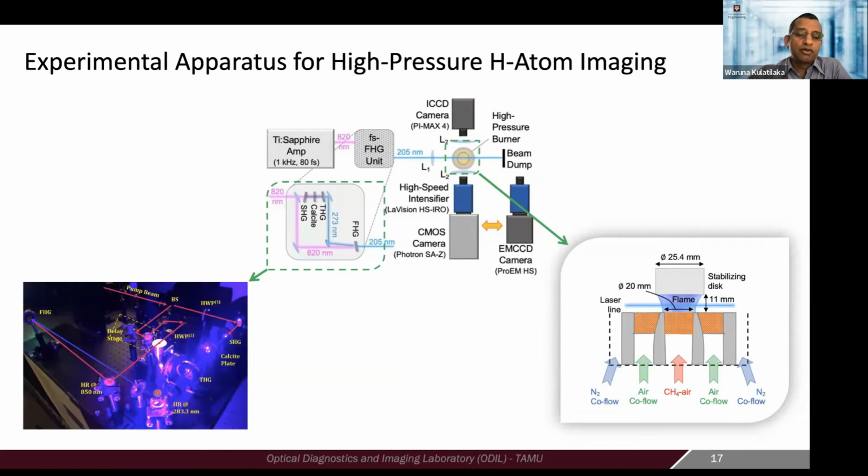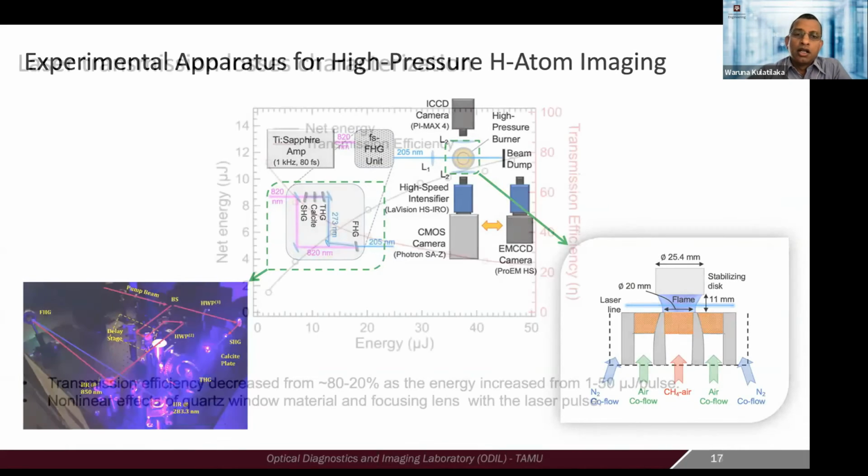You can see the blue color from 410 nanometers, and then the UV comes out from this side of the system, and we send it through this particular premix burner with a stabilizing core flow around it, so we can have a high pressure flat flame. Some parameters are given. We typically operate this with methane air for the results I'm going to discuss right now.